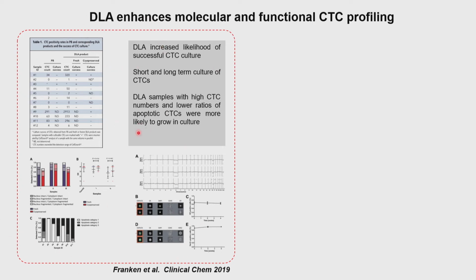He could show that from DLA products, it was much more likely that the CTCs grow in culture compared to the peripheral blood samples. And because he had so many cells, he could also get a glimpse of some of the mechanistics, and this is apoptosis. We found that many of the CTCs were apoptotic, and if there were fewer apoptotic cells, they more likely grew in culture.